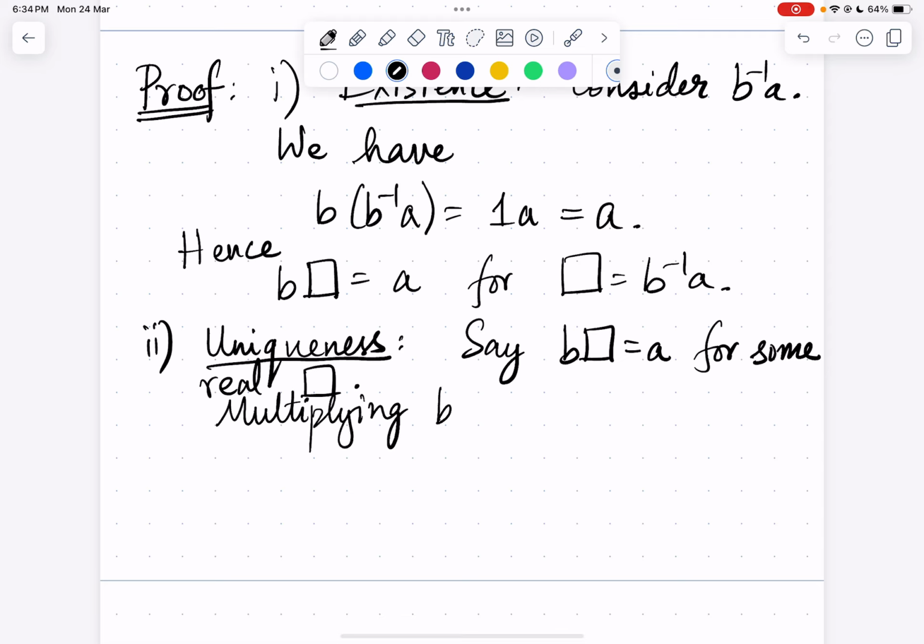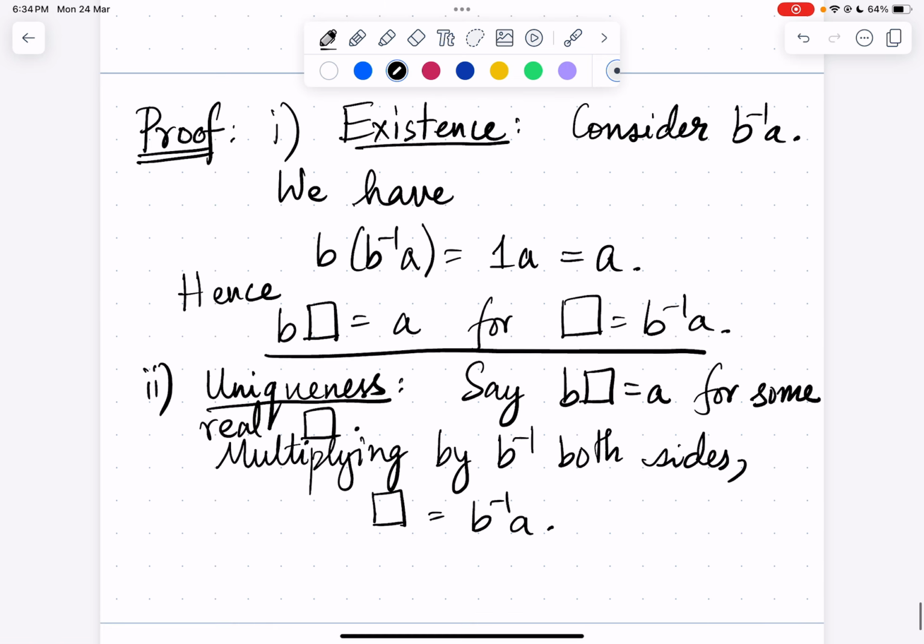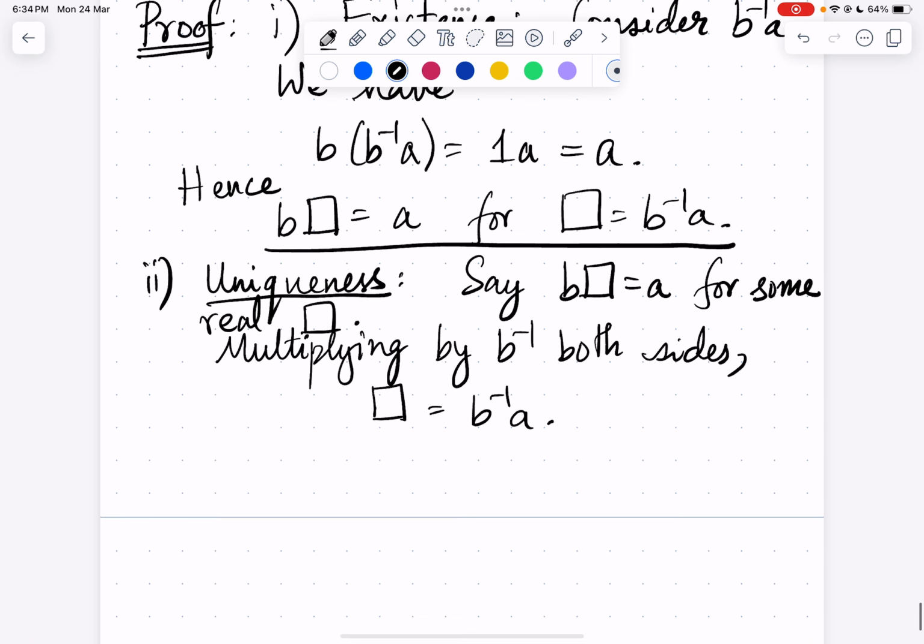Multiplying by b inverse on both sides, we get box equals b inverse a. From the first part we showed that b times box is equal to a for box equals b inverse a. Secondly, we showed that starting from b times box equals a, we get that box equals b inverse a. So box equals b inverse a can be the only point such that b times box is equal to a.